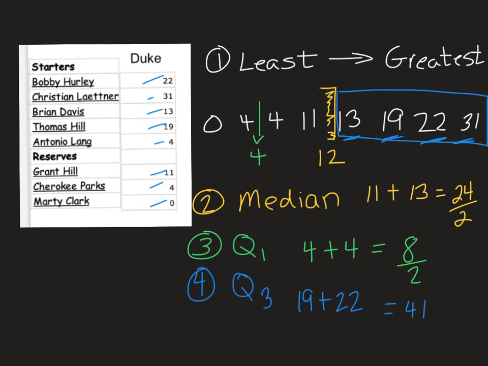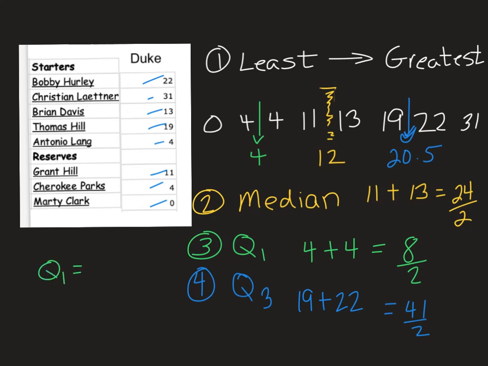I believe if I did that right. 41 divided by 2 means that our upper quartile is going to be that number that is halfway in the middle, which means it's going to be 20.5.